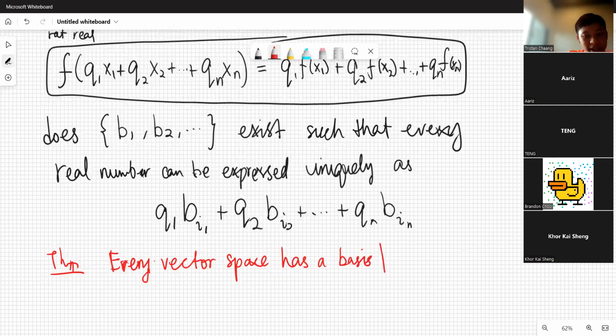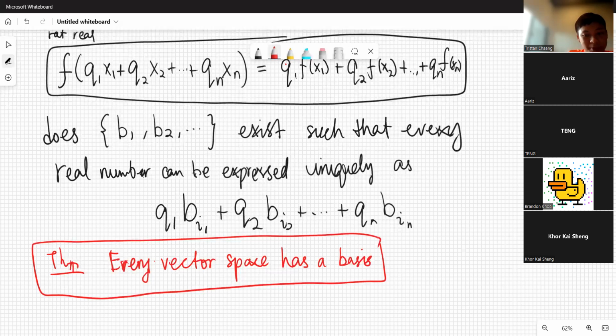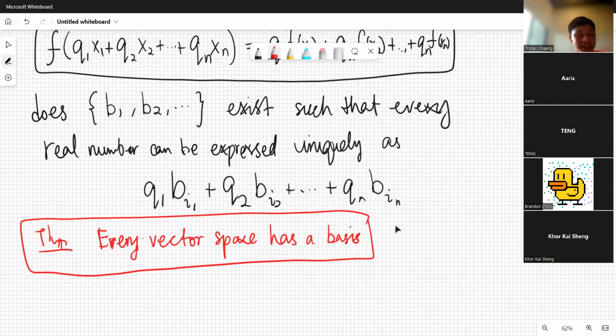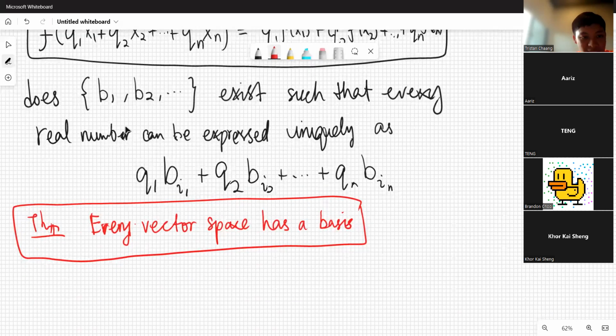And now we're just looking at R, the set of real numbers, as a vector space over Q. So there exists some basis.